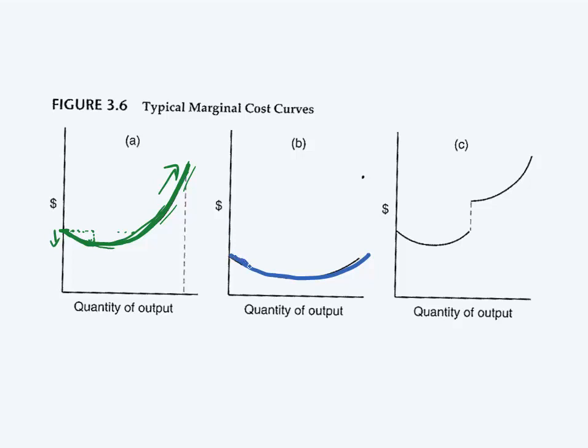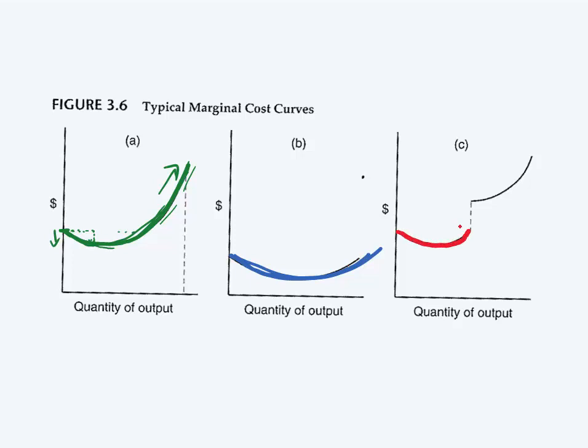But this blue one over here shows the long term, meaning in the long term you never have to go up with your costs. You can just build another factory and increase your capacity and stay on this low cost line. Again, you will not be asked to draw this. You will not be asked to use it really, just to show that there's a different type of cost curve in the long run.